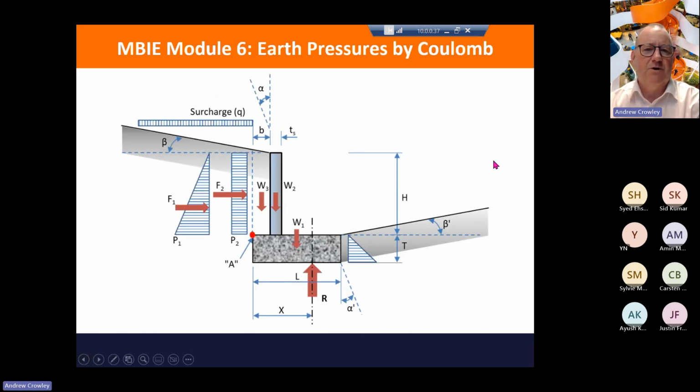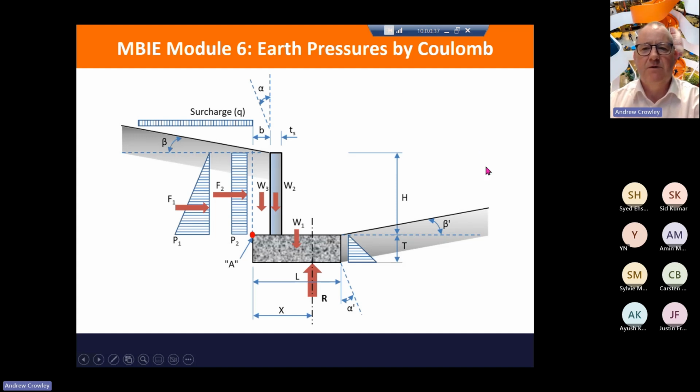A slightly more complicated one, because things are not always as simple as shown in the Rankine formula. We've got some earth pressure parameters provided by Coulomb. So the slope of the ground behind the wall can be represented by beta, the slope of the ground in front of the wall by beta dash. And even the wall itself can be sloped by an angle alpha.